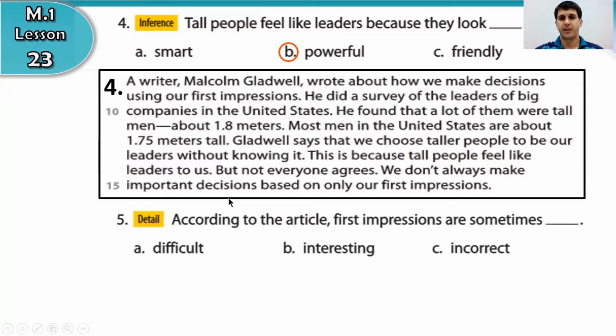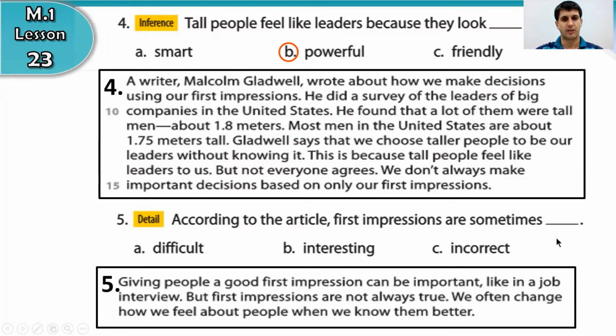Number 5, according to the article, first impressions are sometimes A, difficult, B, interesting, or C, incorrect. Let's have a look. Giving people a good first impression can be important. First impressions are not always true.